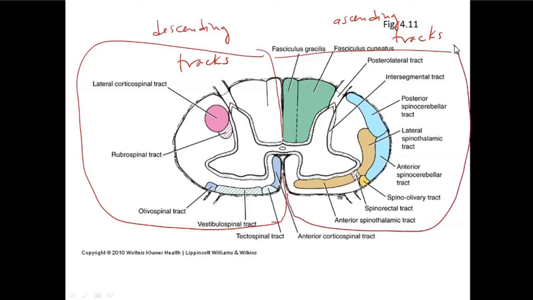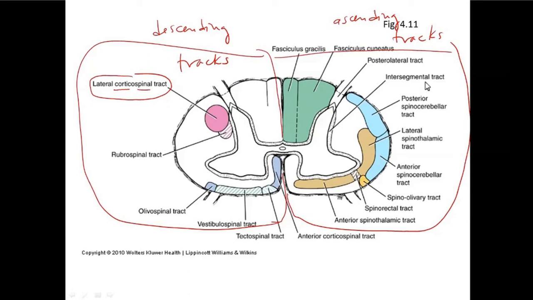Okay? So what I want you to focus on is, if you're looking at a diagram on a test and you have something like this, then you know that it's a descending tract. And as the name implies, lateral corticospinal. Cortical meaning from the cortex of your brain and traveling down to the spinal cord.